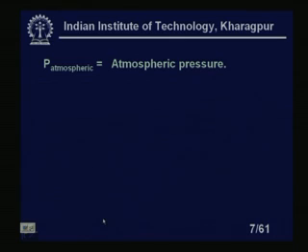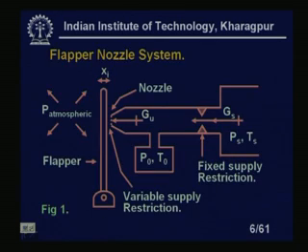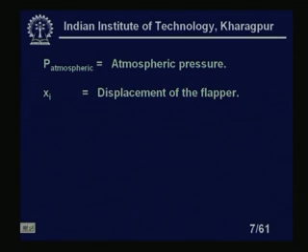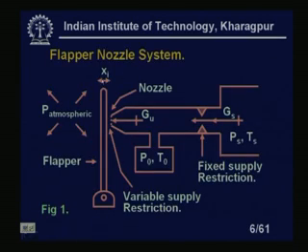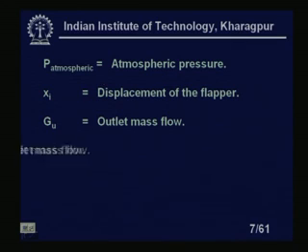Now, let us look at the symbols, what the regions we are talking about. P atmospheric is the atmospheric pressure. Then xi is the displacement of the flapper. Gu is the outlet mass flow, we are considering mass flow here, not volumetric flow, the mass flow of air.